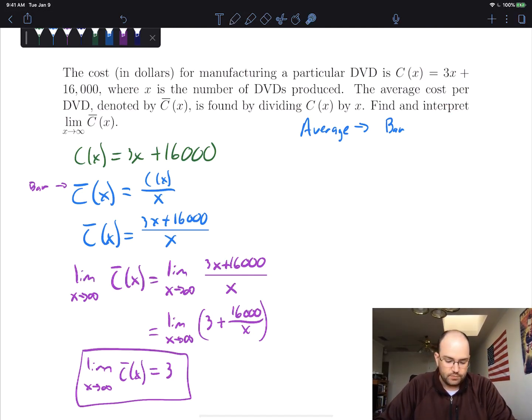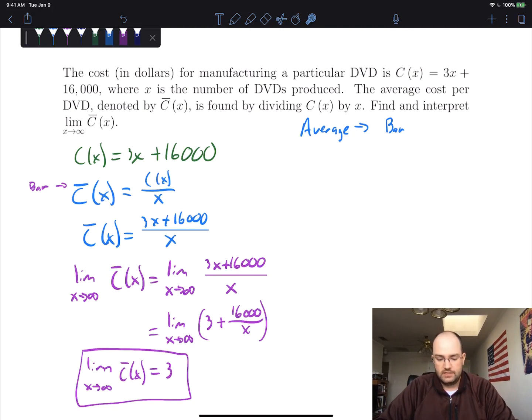Now let's interpret this. Now we have the actual answer to what is the limit as X goes to infinity of C bar of X. Here's the thing. What does X represent? X represents the number of DVDs produced. So as X gets really, really large, the average cost for every DVD is going to approach the number 3.